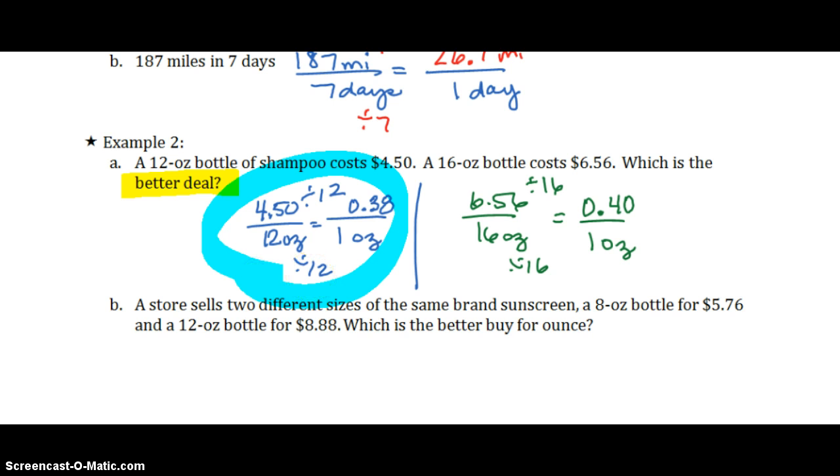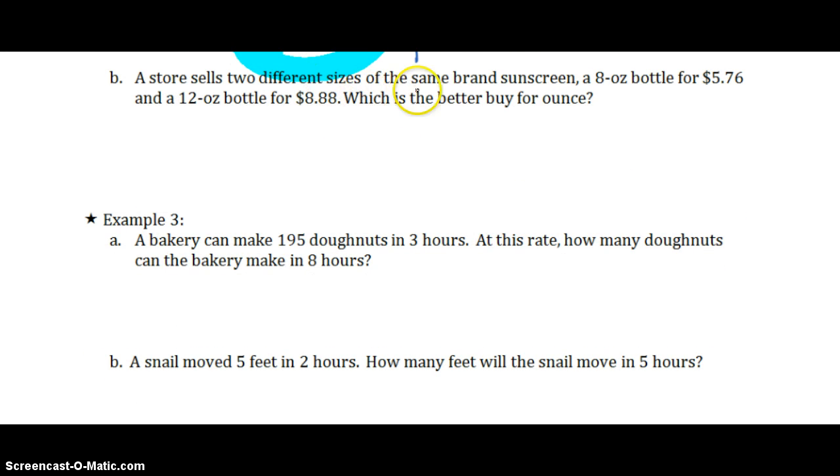Instead, our better buy was the 12-ounce bottle because it was 38 cents per ounce, whereas the bigger bottle is 40 cents per ounce. All right, the next example, 2 different brands of sunscreen. I want you to work that one for me. I'll check that tomorrow to see which one you say is the better buy. And let's move on down to example 3.